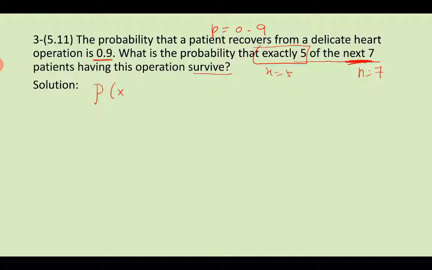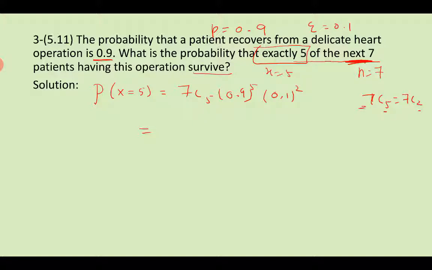Therefore, first let's write the probability of x equal to 5. Under binomial distribution, it is 7C5 times the probability of success 0.9 to the power 5, and failure is q, q is 0.1, 0.1 to the power 7 minus 5, which is 2. Therefore 7C5, you remember 7C5 is equal to 7C2.